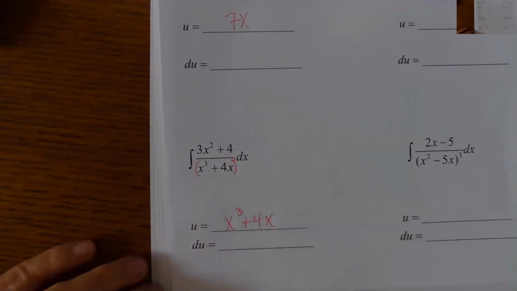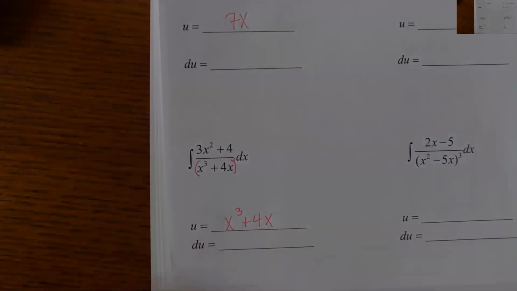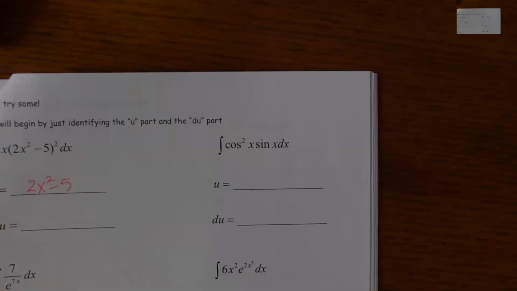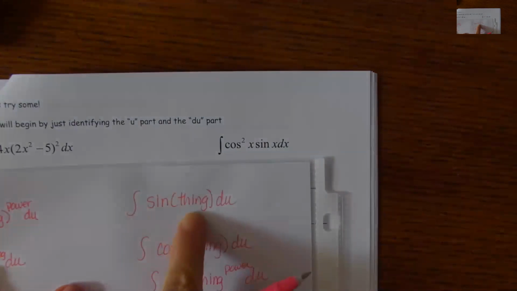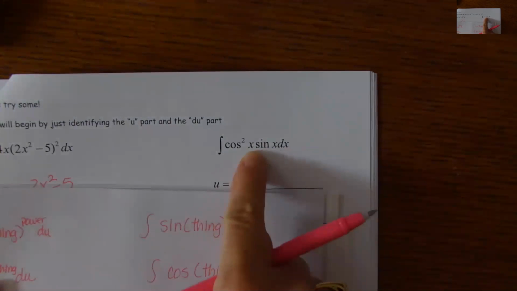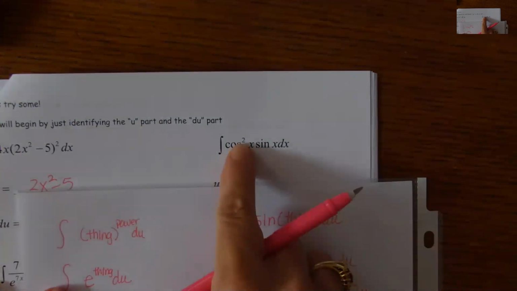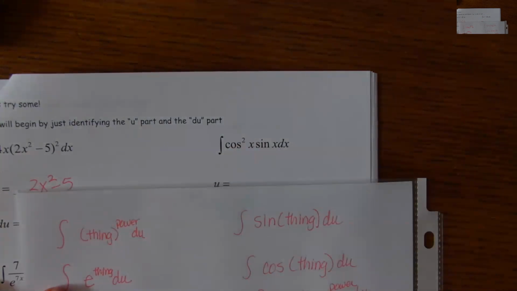Once you can identify the U, this just turns into yesterday. Okay, what's the U here? Now, it's not this one because the X is just X. What is it? It's something raised to a power, right? It just happens to be cosine.